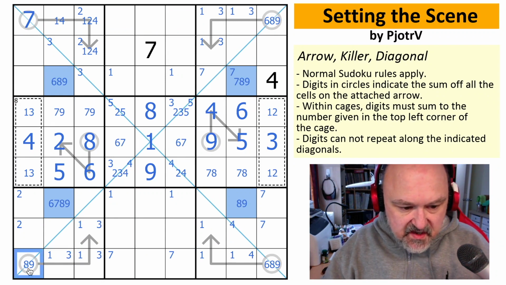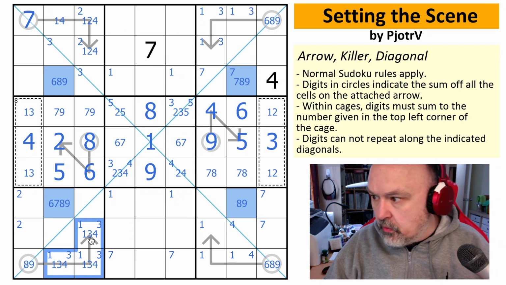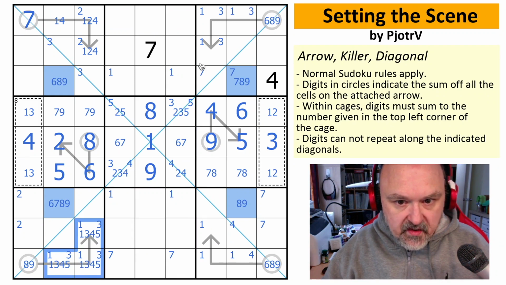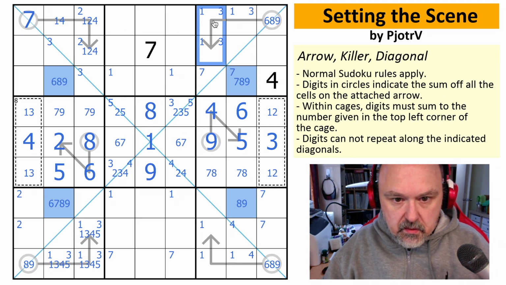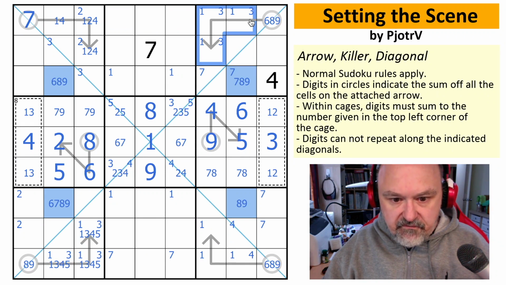So this is an 8 or a 9 with the 3. So is this 1, 3, 4 or 1, 3, 5? And it must have 1 or 3. This is either 1, 2, 3, 1, 3, 4, or 1, 3, 5.